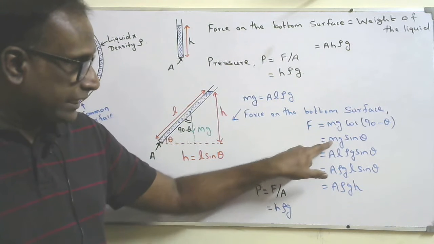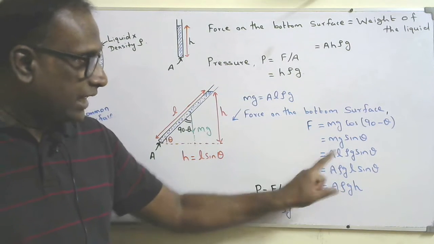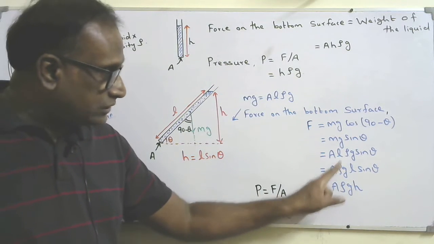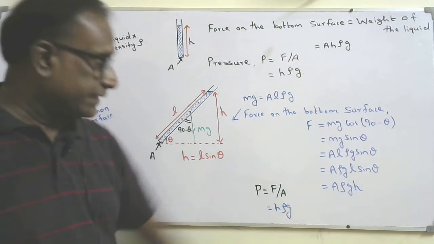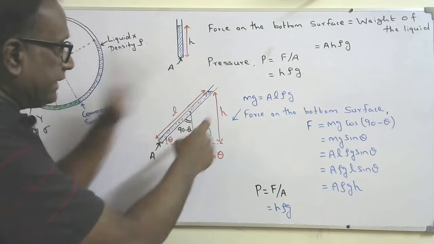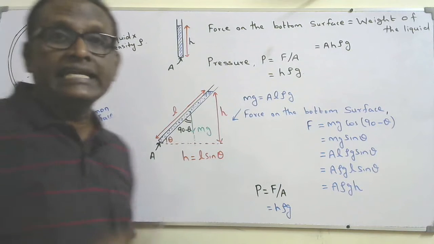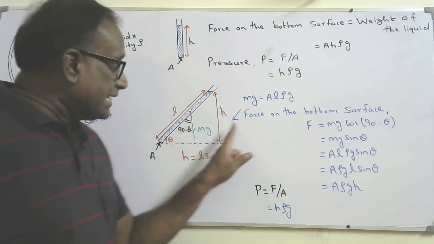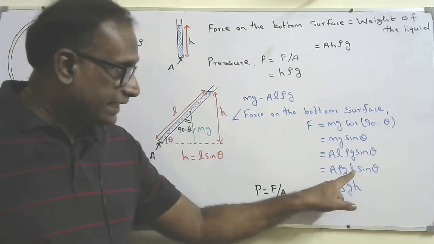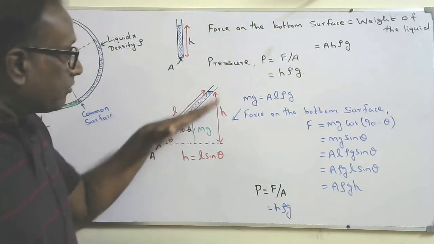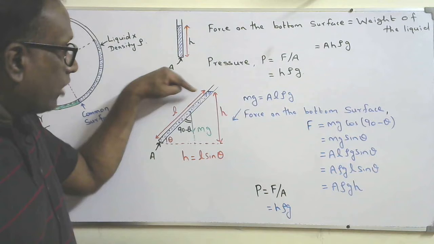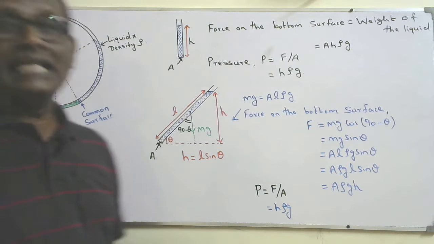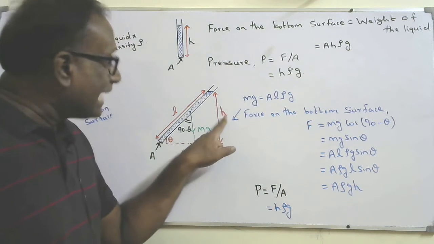Substituting and rearranging, A rho g times L sine theta. You know that L sine theta is the vertical component of the length of the column, that is h.